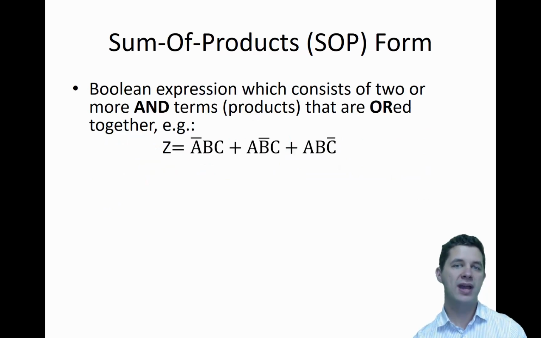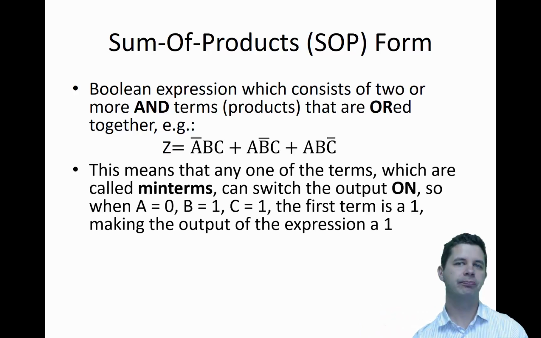Now, there are two common ways that we write our circuits down. We've got our sum of products form that we'll look at first, and then we've got our product of sums form. Essentially, in our sum of products form, we have two or more AND terms that we OR together. So it looks like this. We have three AND terms in this case, and we OR each of those together to give us our final expression.